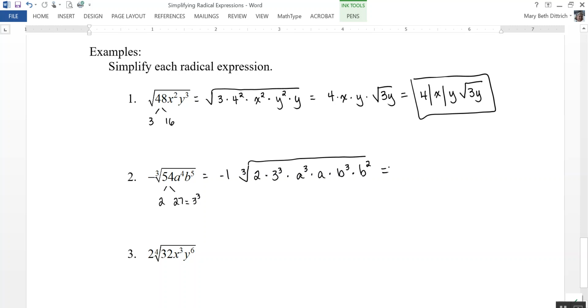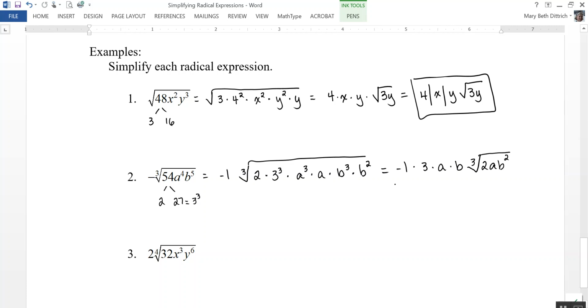Okay. So since I'm taking a cube root and that's an odd index, I don't have to worry about absolute value bars, which is kind of nice. So I'll have negative 1 times, and now each of these that's raised to a power of 3 can come out. So times 3 times a times b times the cube root of what's left inside there, 2a and b squared.